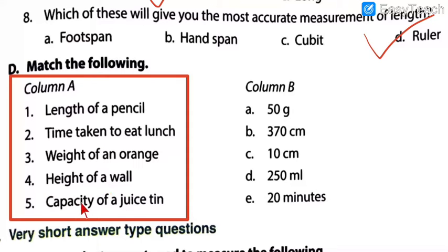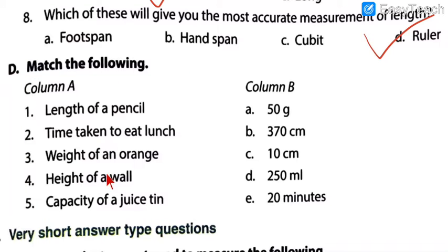And number 5, capacity of a juice tin. I hope you are writing these side by side. Column B, options are A, 50 gram; B, 370 centimeter; C, 10 centimeter; D, 250 milliliter; or E, 20 minutes. So A, B, C, D, E, 5 options are given for the 5 questions.